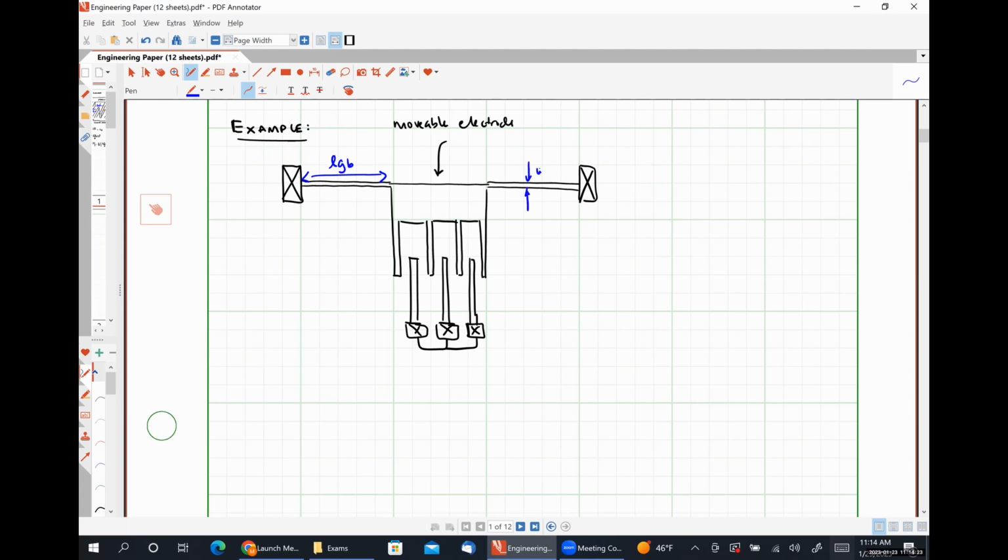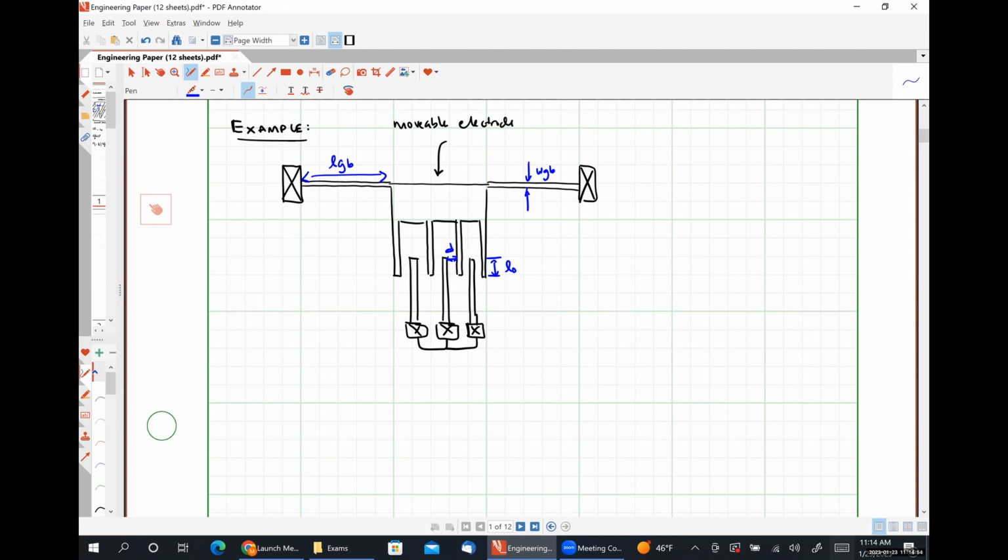Let's call this distance WGB. And our entire structure has some thickness T or thickness H that we'll deal with. Let's say that our initial overlap here is L naught. Our distance between the fingers is D.